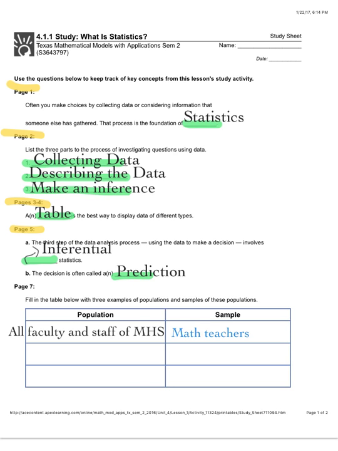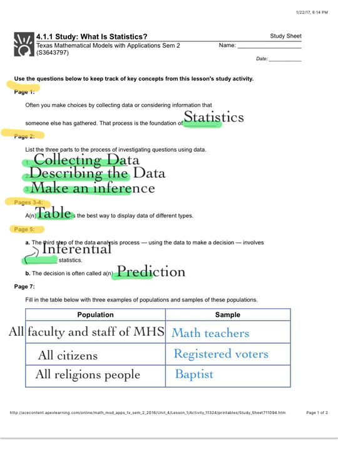Another population could be all the citizens of America, but a sample of that would be just your registered voters. And a population could be all religious people, but a sample would be just the Baptist people.